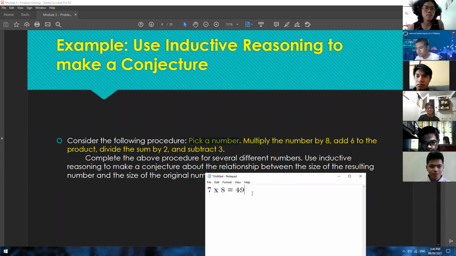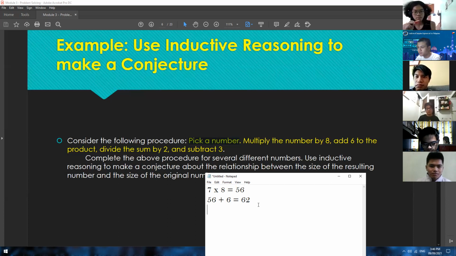No, 49. Then add 6 to the product. 49 plus 6 is equal to 55. Sir, 7 times 8 is 56. Oh, 56. So this will become 56, and this now will become 62.